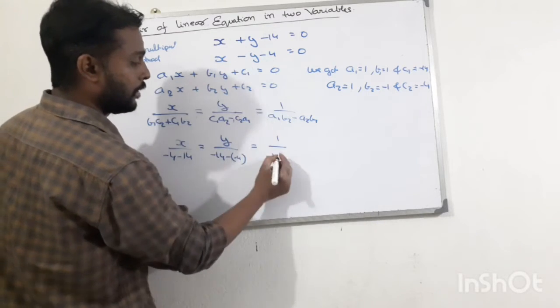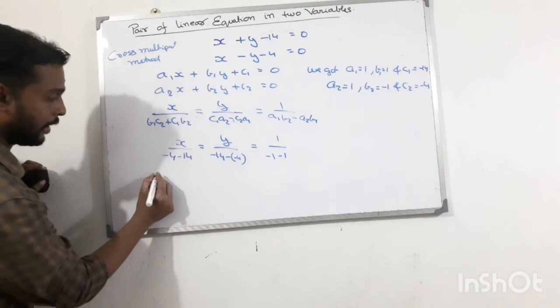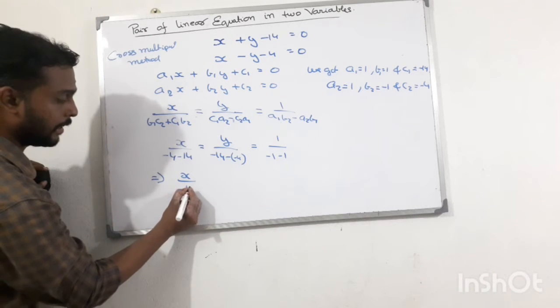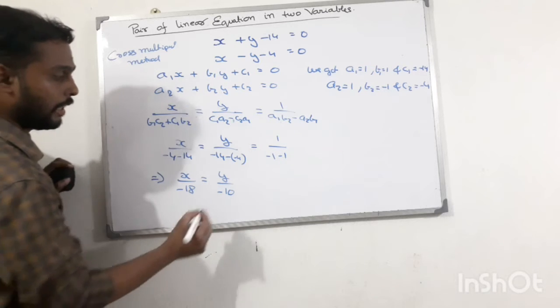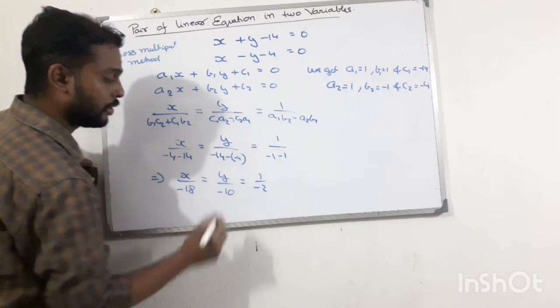And 1 into minus 1 minus 1 into 1. By solving we get x over minus 18 is equal to y over minus 10 is equal to 1 over minus 2.